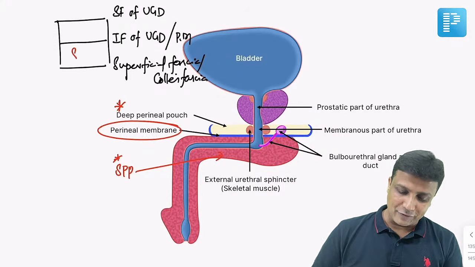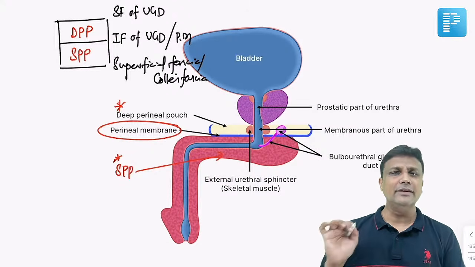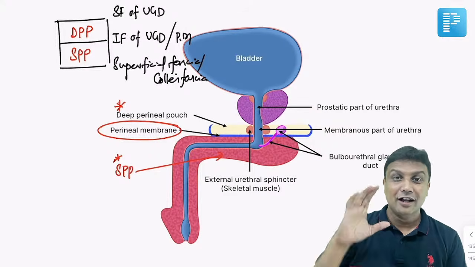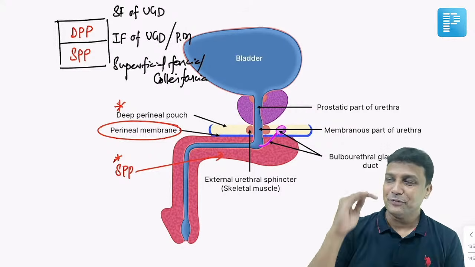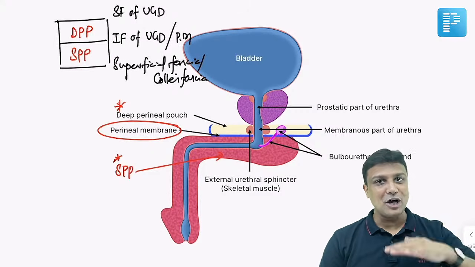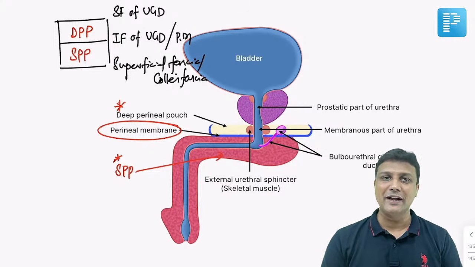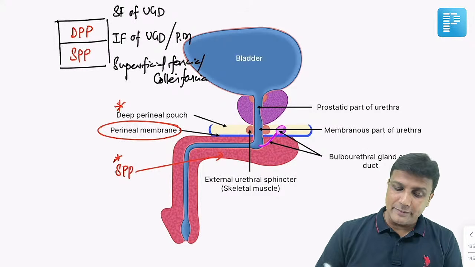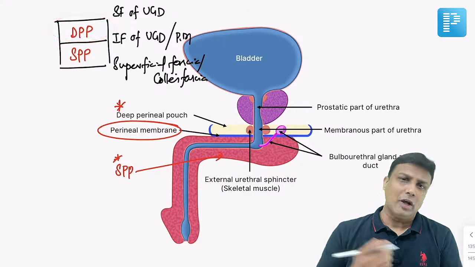This will be the superficial perineal pouch and this one here will be the deep perineal pouch. Done. It is that easy. Many students have a big headache understanding the boundaries of the perineal pouches. Remember there will be three fascia and between them there will be two pouches.